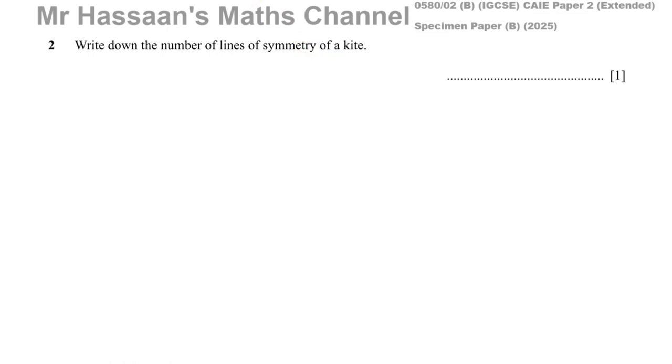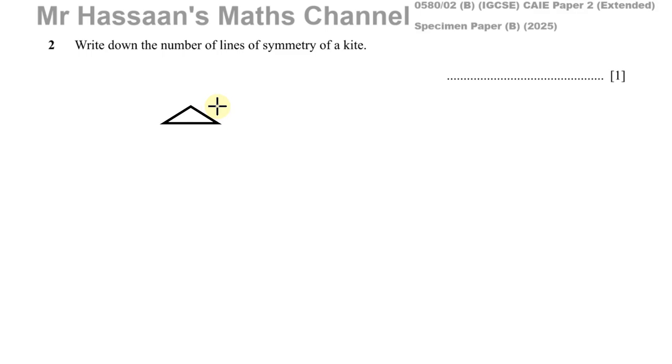So a kite is a shape that, do we have any here? Let me see. That's a rhombus. Do we have a kite here? Not really. Can I change this into a kite? I can't. Okay, I will make a kite just to show you. A kite has properties like this.